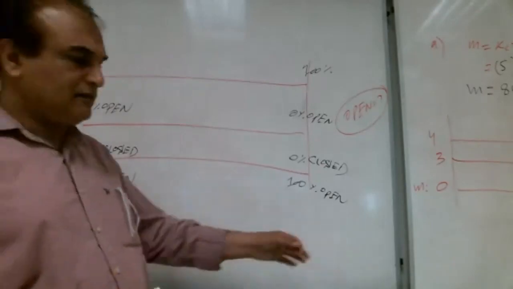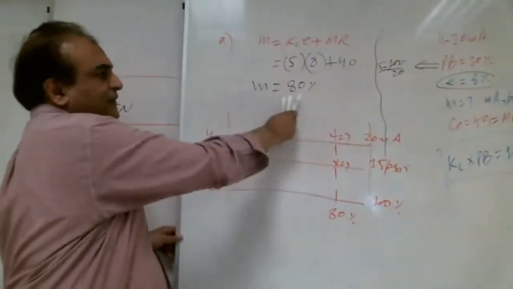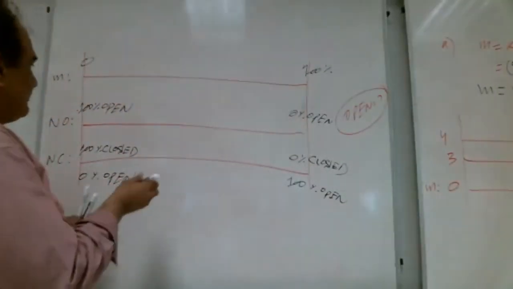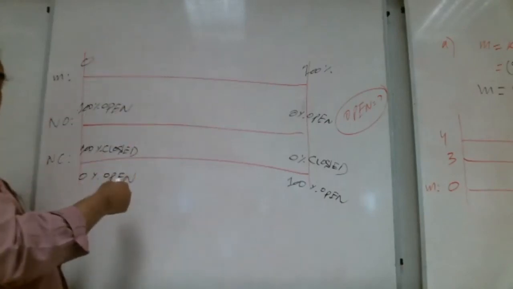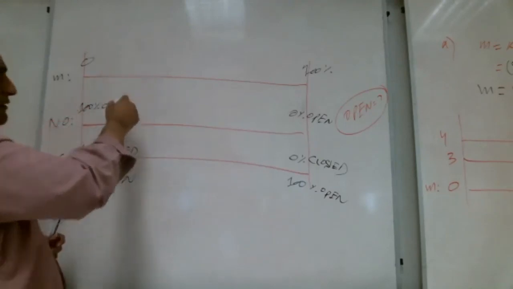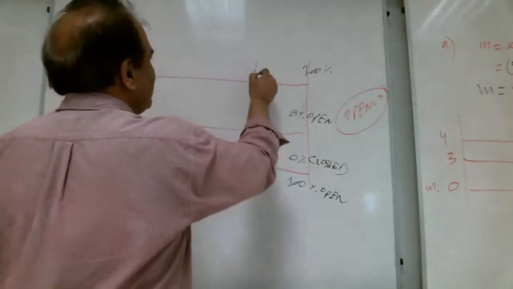So what is our signal? 80%. So where should 80% be? This side? Should it be this side? No. Very good, this side is the 80%.